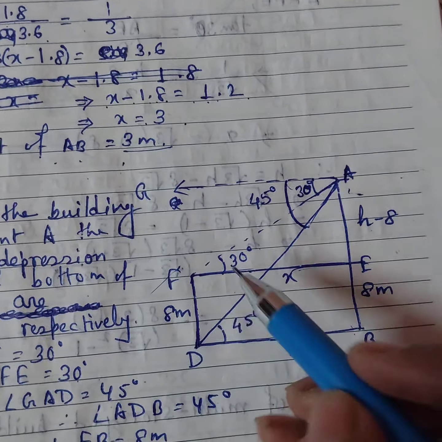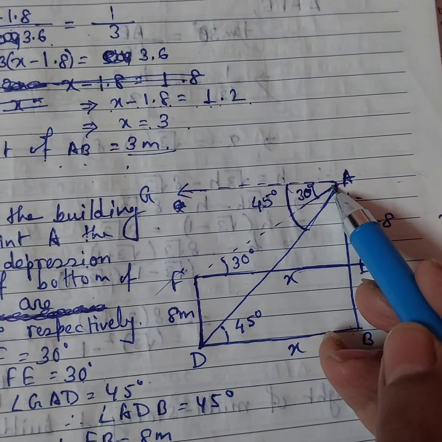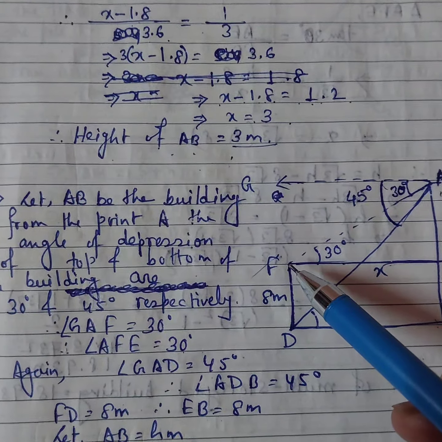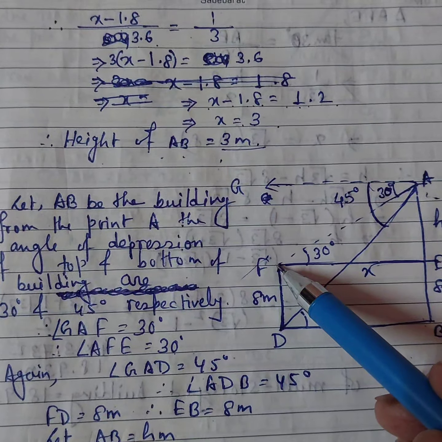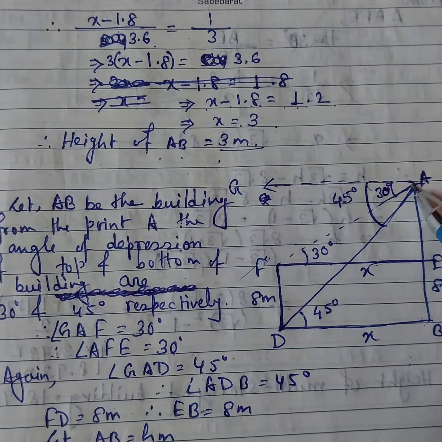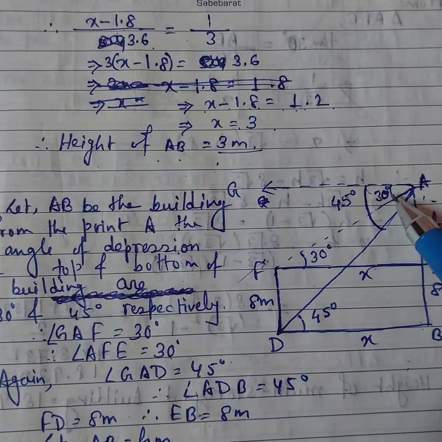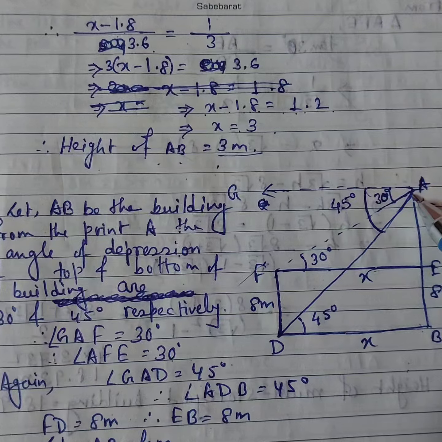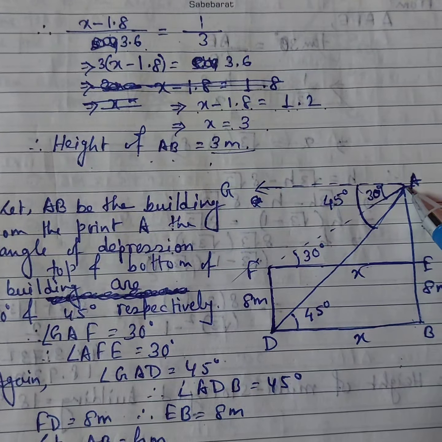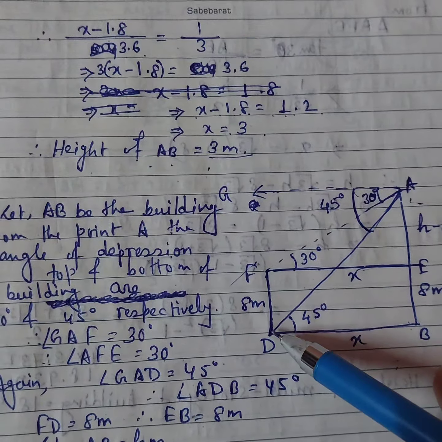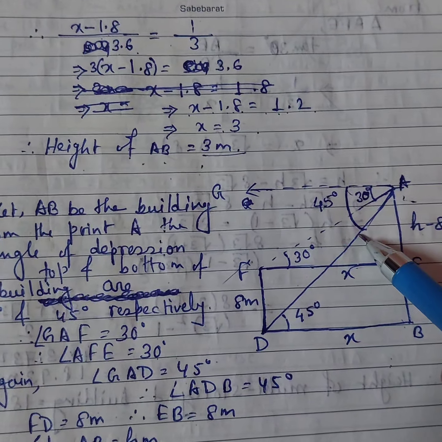The angle of depression from the top of this multi-storied building to the top of the building is 30 degree, and the angle of depression of the bottom of the building is 45 degree.